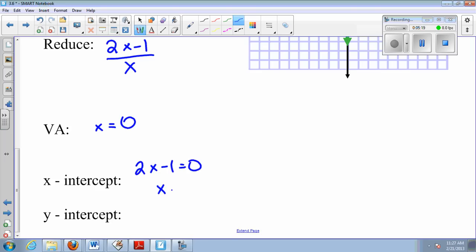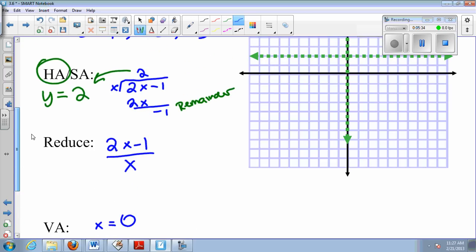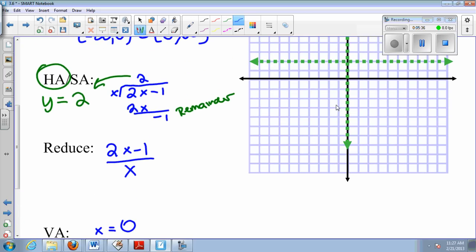Solve for x. It's going to be 1/2. This is a point on the x-axis. It's an x-intercept. So we go to where x is 1/2, and we can put a point. We know it's going to pass through here. That also tells us one of our branches is going to be in this quarter, and therefore opposite as well.